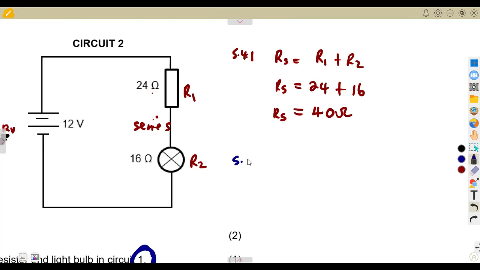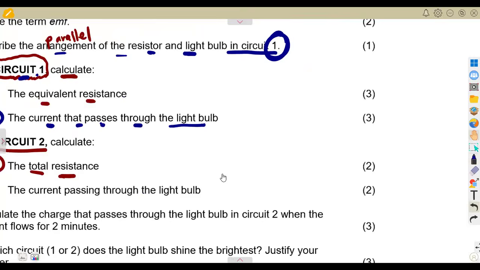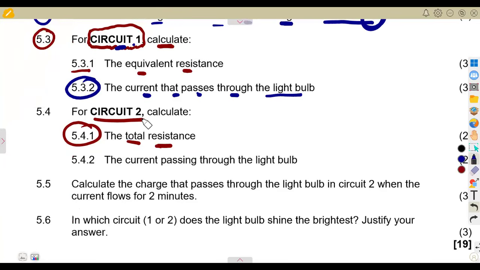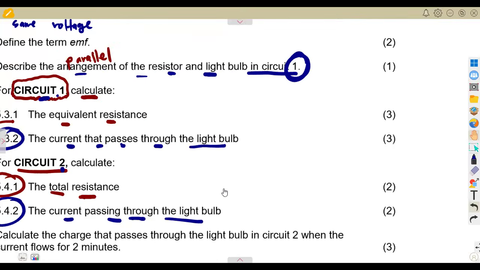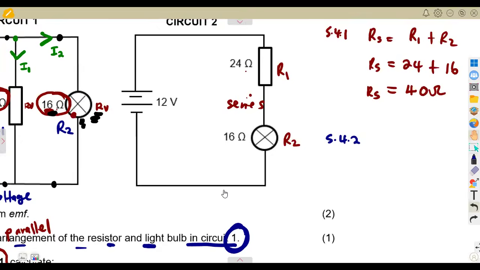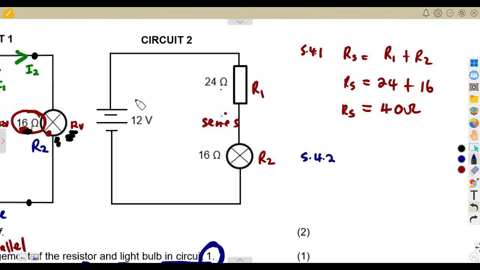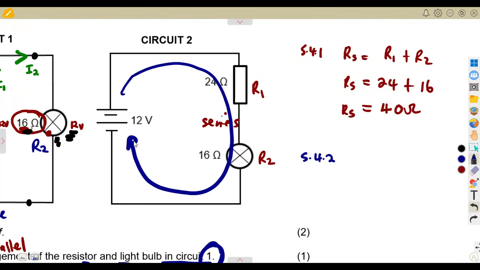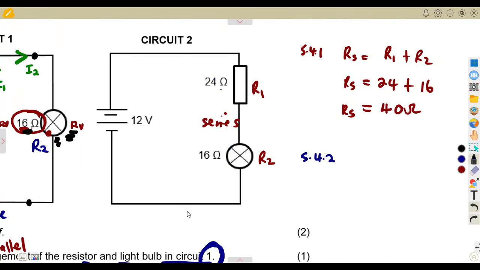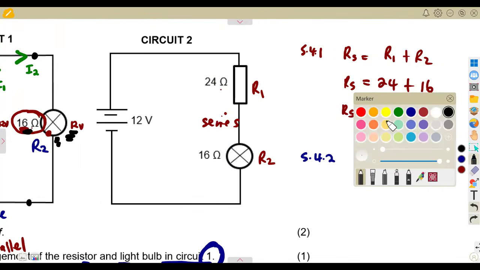All right, let's move on to 5.42, which is again for circuit number 2. We are still on circuit number 2. Now we need the current passing through the light bulb, and that is 2 marks. So the current passing through the light bulb this time, because it is a series combination, we do understand that in a series combination, it is the current which is the same.